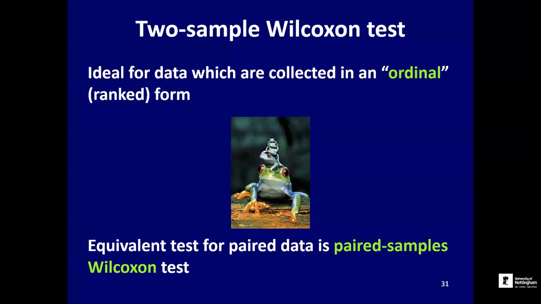They might be used for ordinal data which actually come in the form of ranks already. And as I said earlier on, there is an equivalent of the two-sample Wilcoxon test for paired experimental designs, and it's called the paired samples Wilcoxon test. So if you've got paired data which don't follow a normal distribution, then you've immediately got a non-parametric alternative.